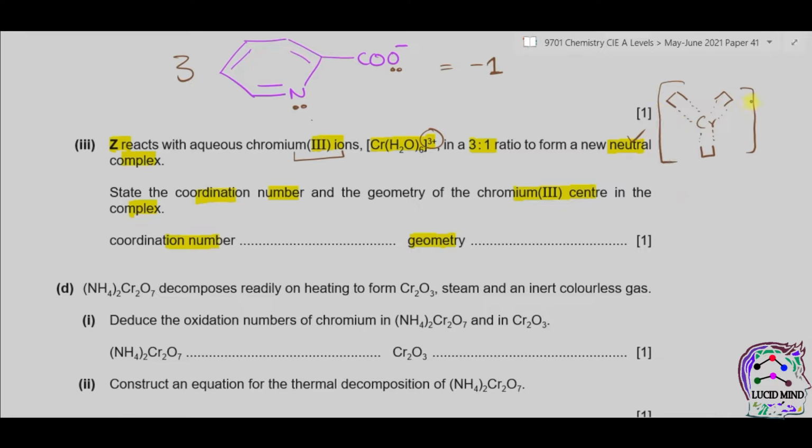And overall charge will be 0 because chromium is plus 3 and each of these is -1. So coordination number is the number of coordinate covalent bonds. As we can see, 6 coordinate covalent bonds are being made with the central chromium. So we can write 6 coordination number, and geometry is octahedral.